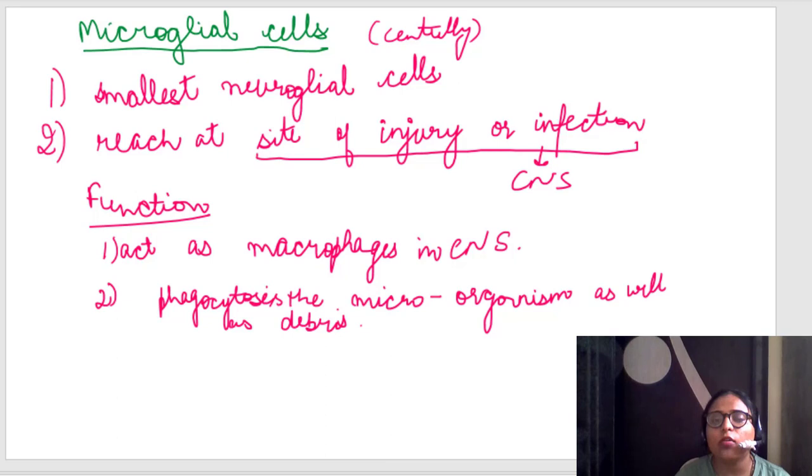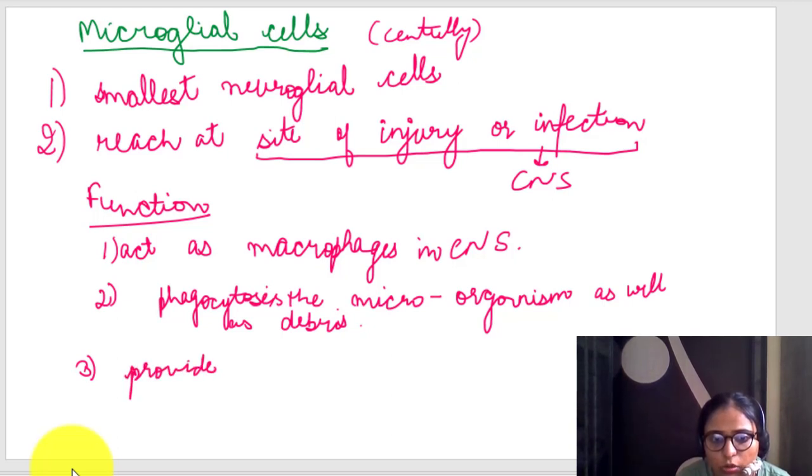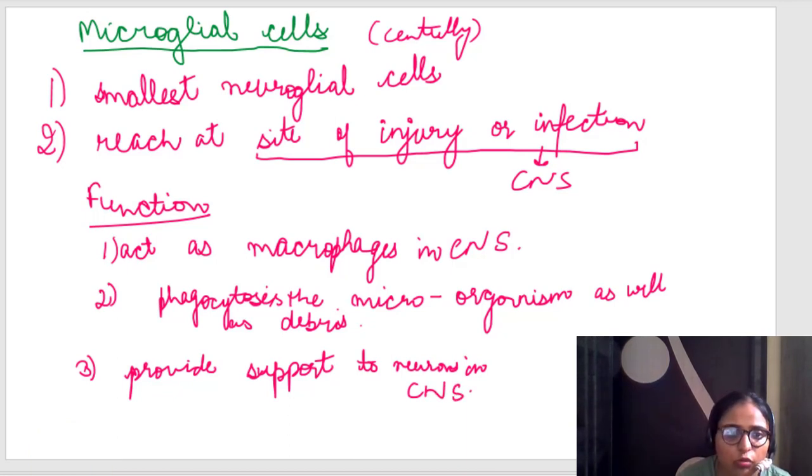So this is the function of the microglial cells, and again the same function of all the neuroglial cells: they provide support to the neurons in the CNS. Fine. Clear? Now I'll show you the picture of it.